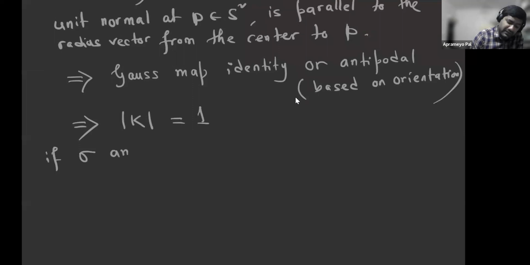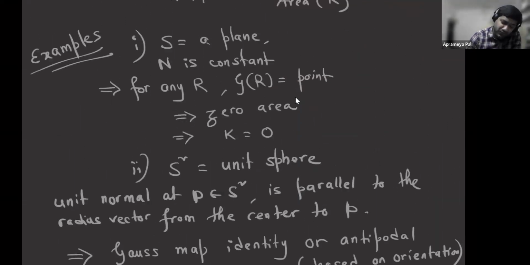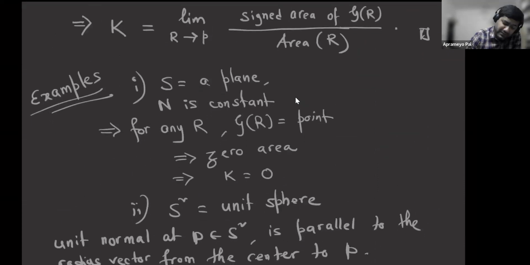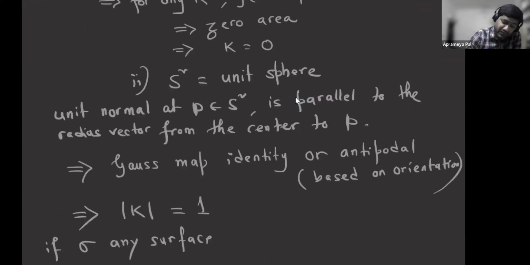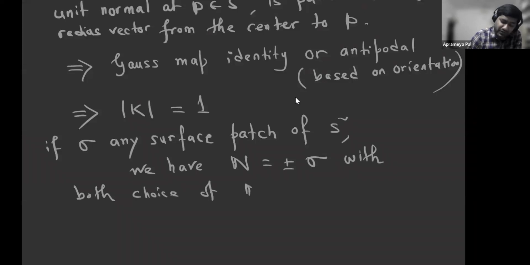So if sigma is any surface patch of S2, then we actually have N is plus or minus sigma u cross sigma v, where sigma u and sigma v are the partial derivatives.